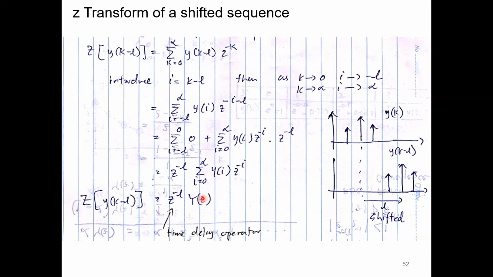You can say Y(z) is it, and in front of that z to the minus L. So that's the shifting theorem. And this is the shifted sequence: y(k) unshifted, this is y(k minus L) shifted. So you shift it to the right by L steps.